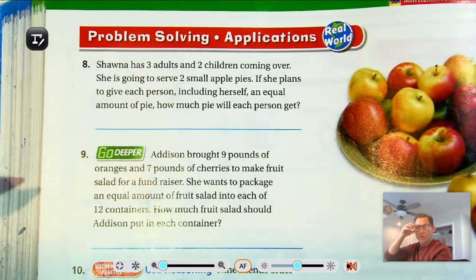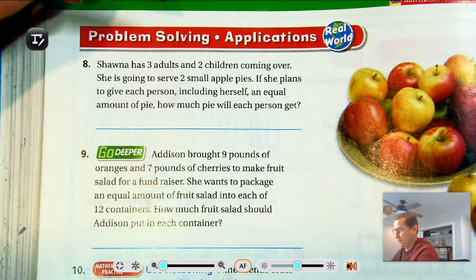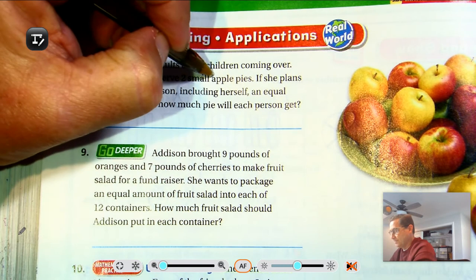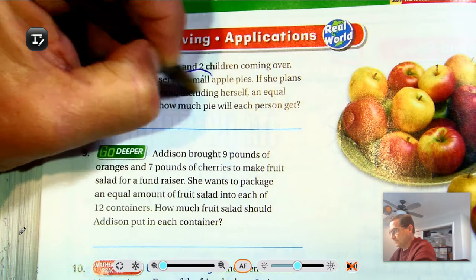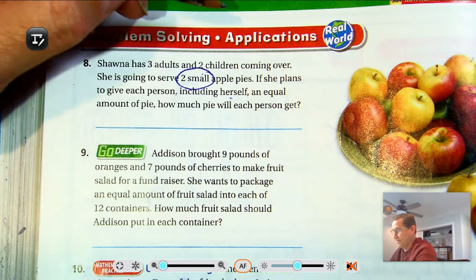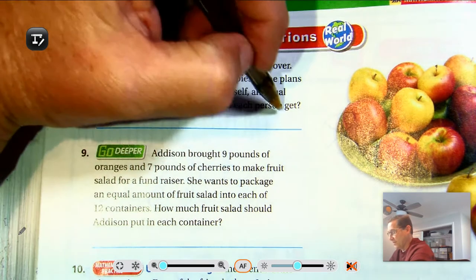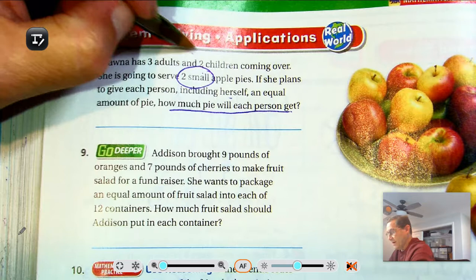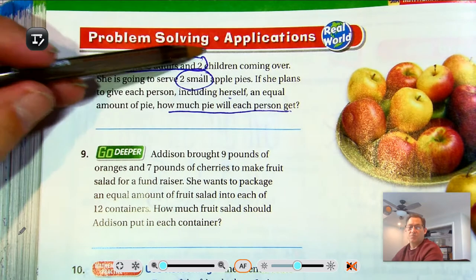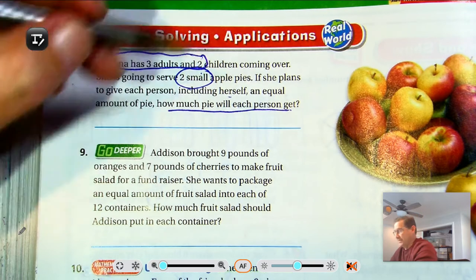Number 8. Shauna has 3 adults and 2 children coming over. She's going to serve 2 small apple pies. If she plans to give each person, including herself, an equal amount of pie, how much pie will each person get? So we have Shauna, 3 adults, and 2 children. So that's 6, right?